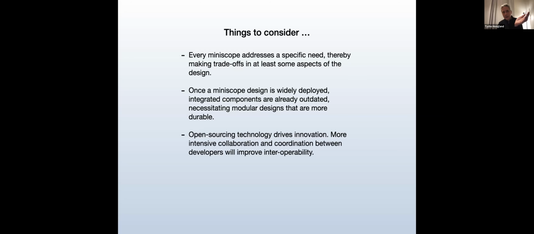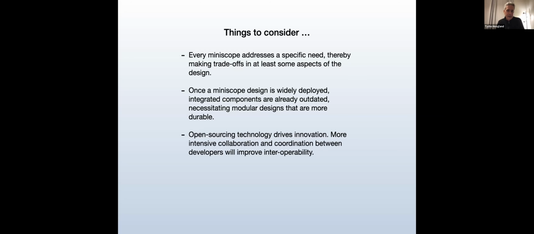Another thing is that once a Miniscope is designed and widely disseminated to other labs, a lot of the components, like a camera sensor or accelerometers, are quickly outdated, or newer versions become available. And I think that really necessitates modular designs that are also more durable, where you can swap out components more easily. And I think Daniel is already making big strides in that direction.